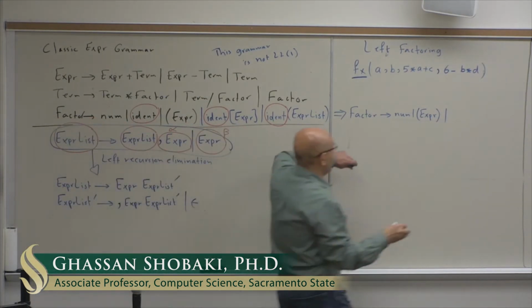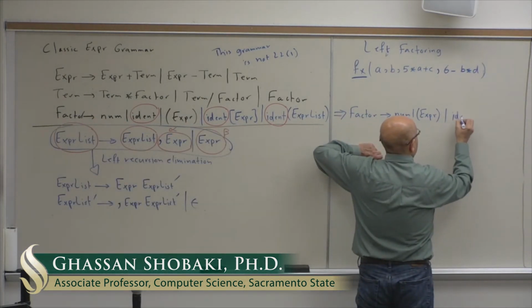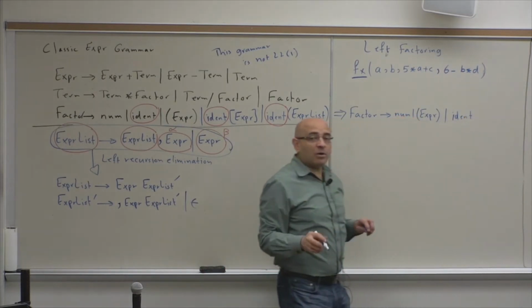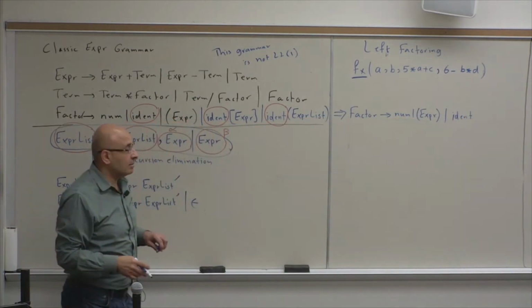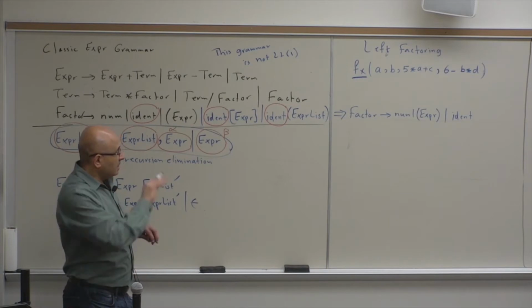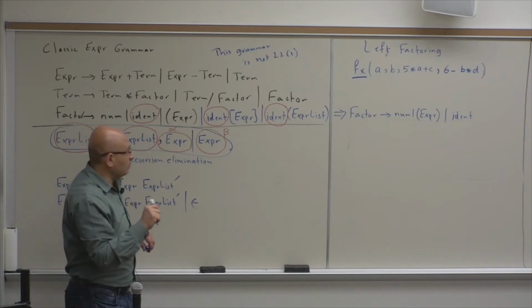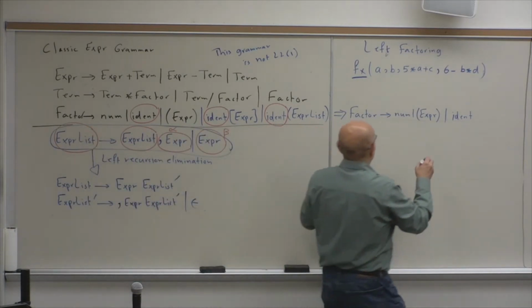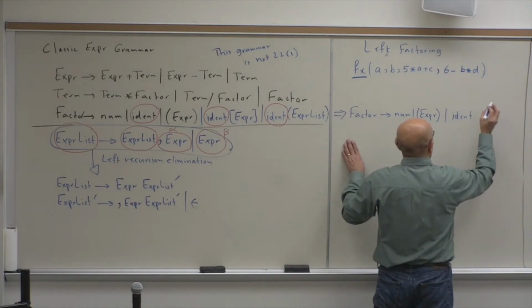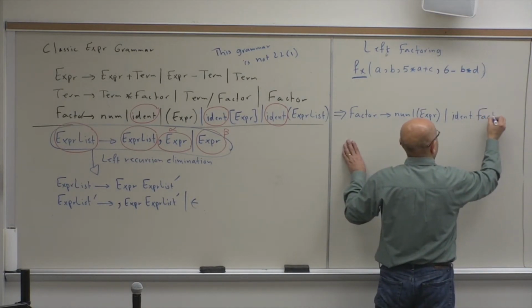So it's identifier concatenated, then this is concatenated with something. This is something we call whatever. You call it factor prime.